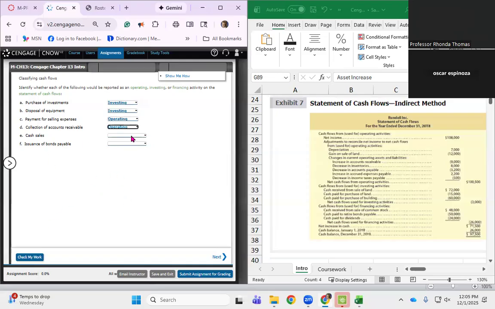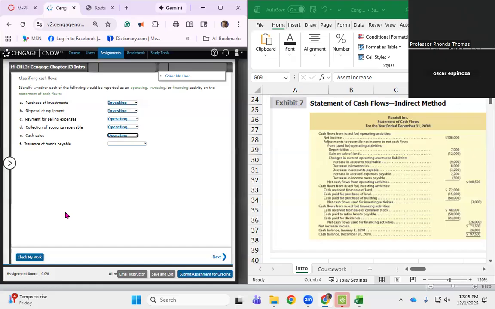Okay, cash sales is part of your operations too, and it's going to cause cash inflow. When you sell something for cash, we cause cash to go up. So this is up, up, up. This is down. This one's up and this one's down. Just depends on the situation there.